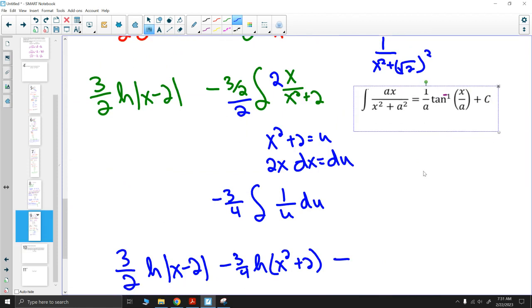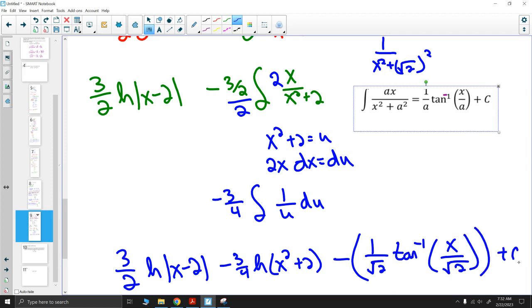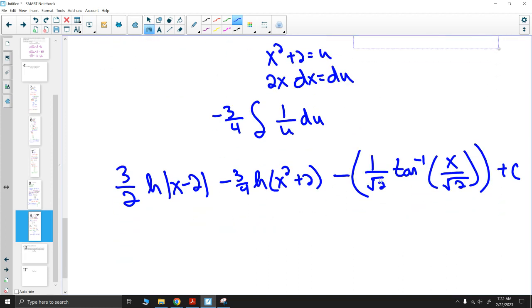Okay, so minus, this is going to be 1 over, I'm going to do a parentheses just to make sure nothing's weird. A, that's our square root 2, tangent inverse of x over square root 2, and then we have our plus c. So that is our integral. Okay.